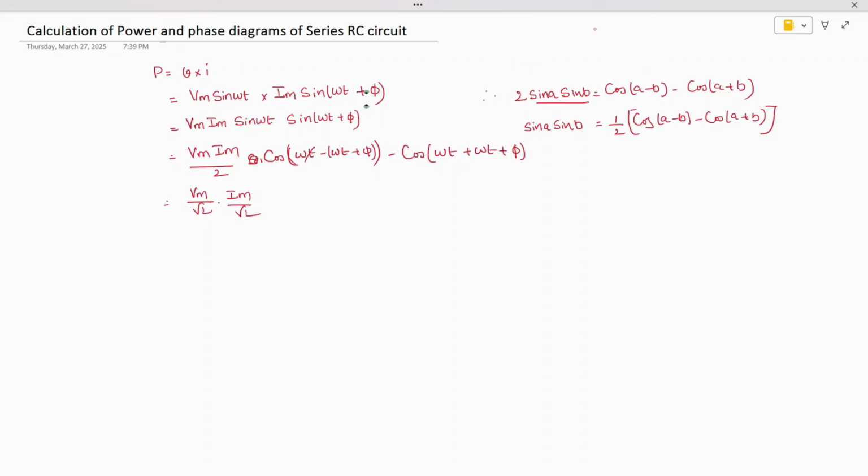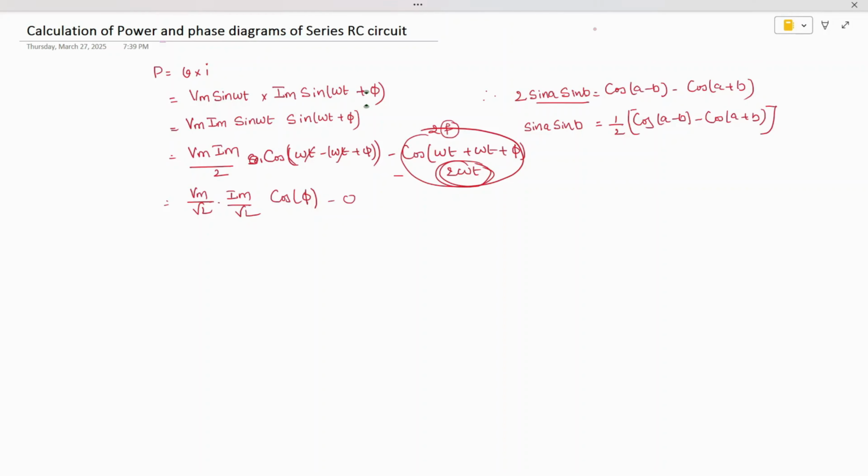So omega t will get cancelled, plus into minus is cos of minus phi, and cos of minus phi is plus cos phi, so minus cos 2 omega t. So cos of 2 times the frequency, which is nothing but cos of 360 degrees, will automatically make this total term 0, or the 2 times the angular frequency term will become 0.